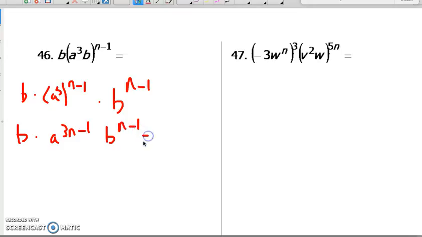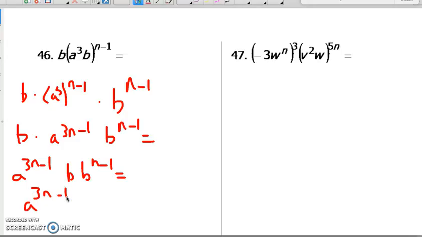Oh, and y'all see I left this b over here. So what we need to do now is combine our common bases. So I have a to the 3n minus 1 times b to the n minus 1. And then a to the 3n minus 1.